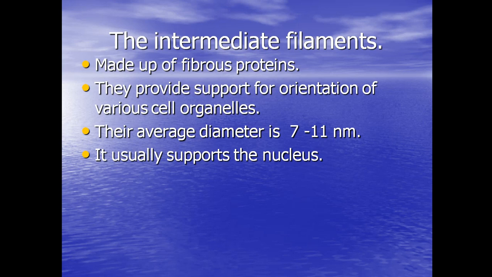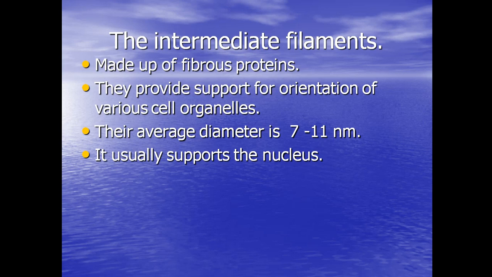To give an example, the Golgi complex which we have studied, the cis side is facing the nuclear envelope, whereas the trans side is facing the plasma membrane. How is the Golgi complex able to maintain this orientation? This is because of the intermediate filaments.